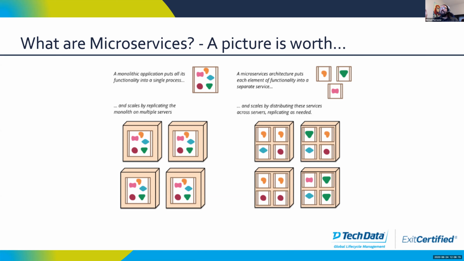As you can see, the orange, the red, the burgundy, the blue, the green, those are all business concerns, and they're all talking to each other through basically inter-process, inter-memory, right? It's all contained in one memory space. And when you need to deploy more orange, because let's say all of a sudden your billing is getting heavily hit or heavily consumed, you actually have to scale the whole thing because they're all tightly coupled.